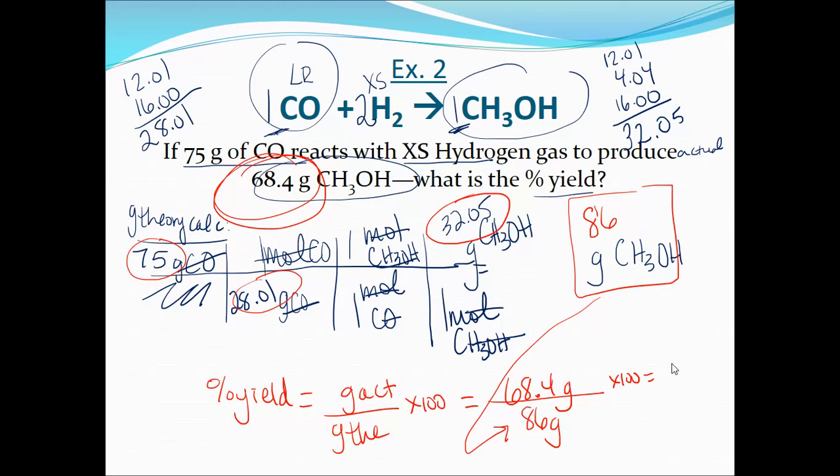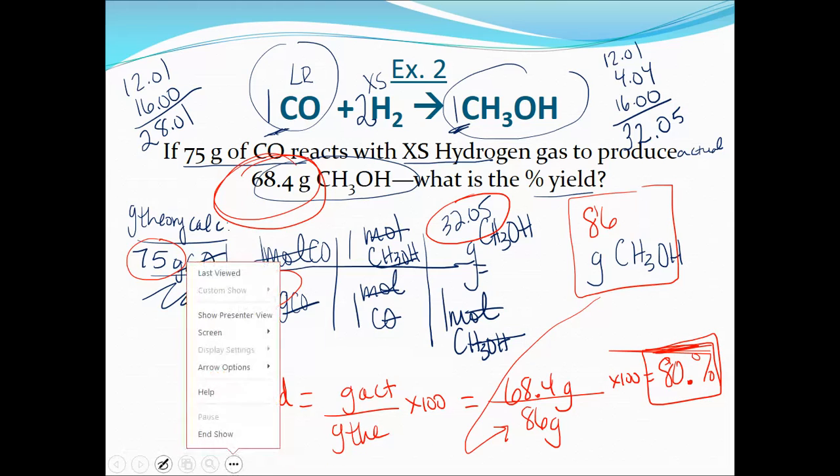We have 68.4 divided by the 86, and then times 100. Rounding that to 2 sig figs, you get 79.5, which is 80 with a decimal percent. Okay, so that is our lesson on percent yield.